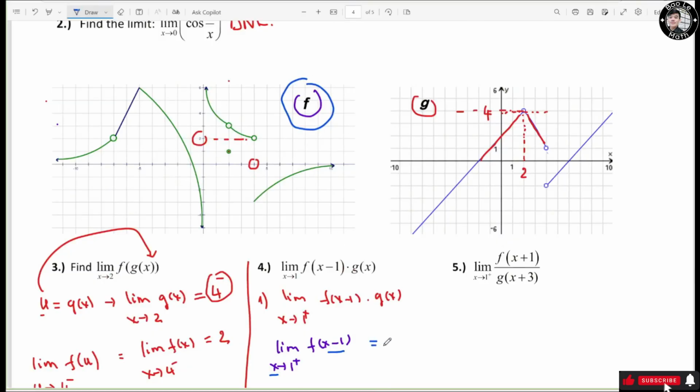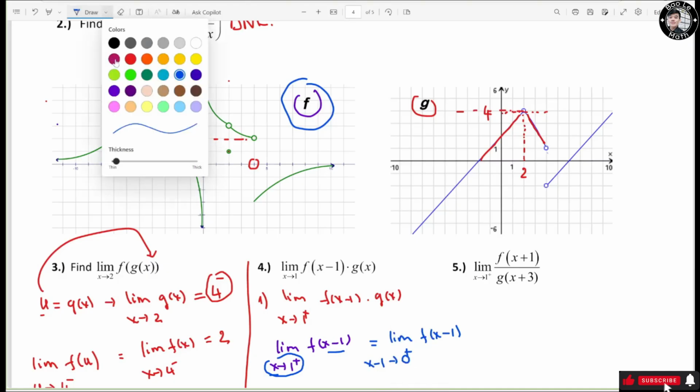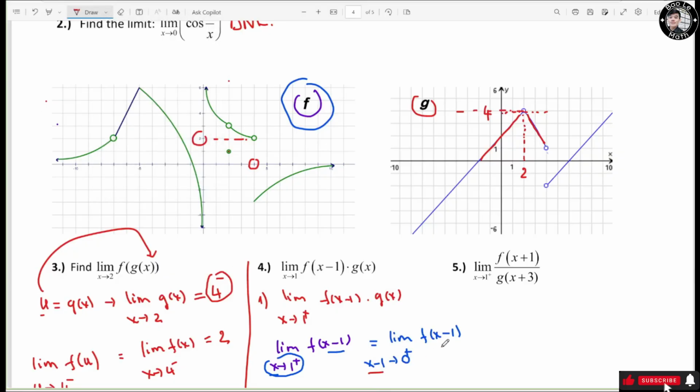So I look at the input right here, it's going to be s minus 1, so I subtract 1 from both sides, right? So it's going to be limit of the function f of s minus 1 when s minus 1 approaches 0 plus, right?